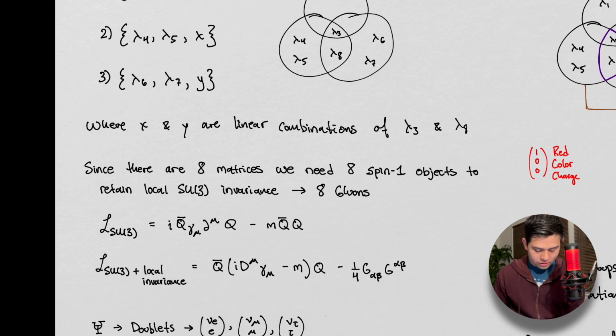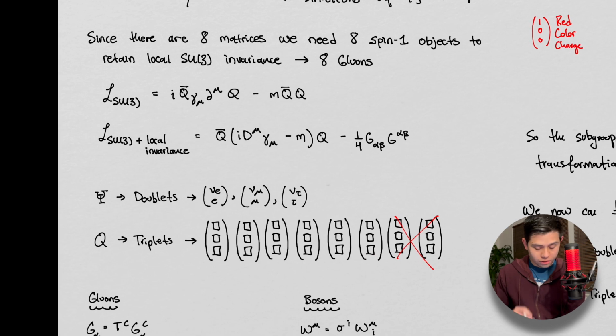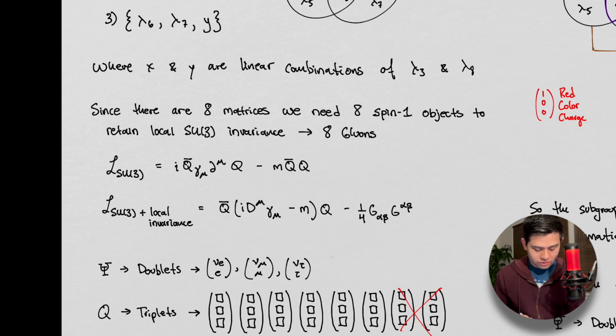But what we can do now is what I was talking about earlier. We could put these guys in an SU3 Lagrangian. There's a few things to note here. Since there's 8 matrices, we need 8 spin 1 objects to retain the SU3 local invariance. So this leads us to think, okay, there's going to be 8 of these spin 1 or gauge fields or particles, right?